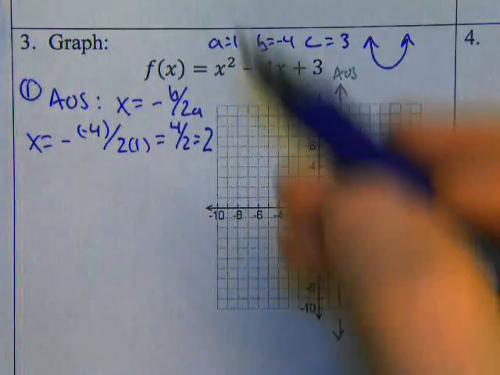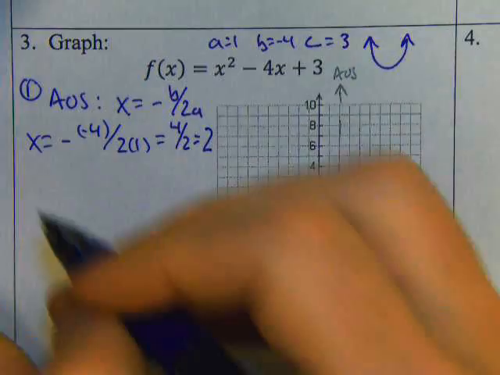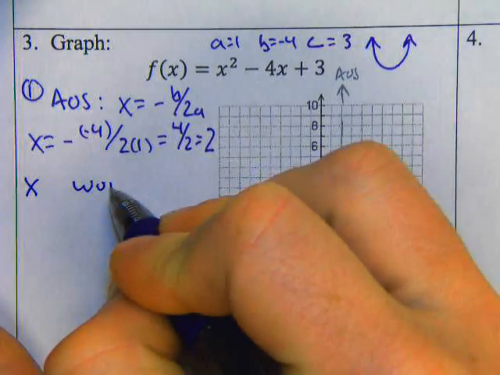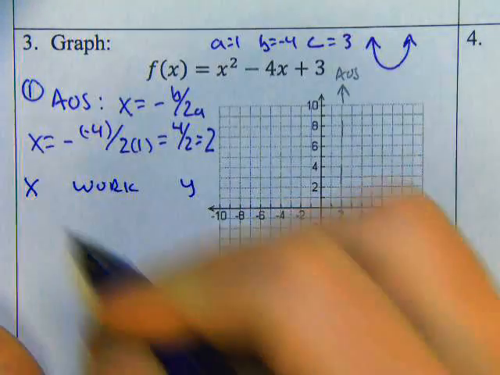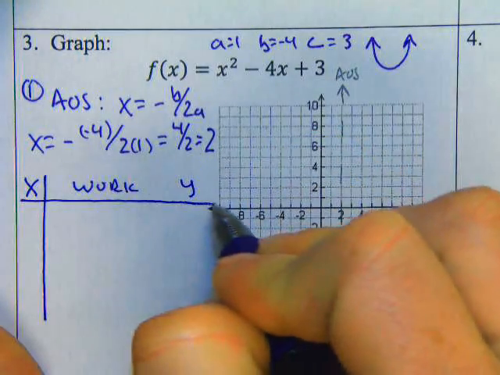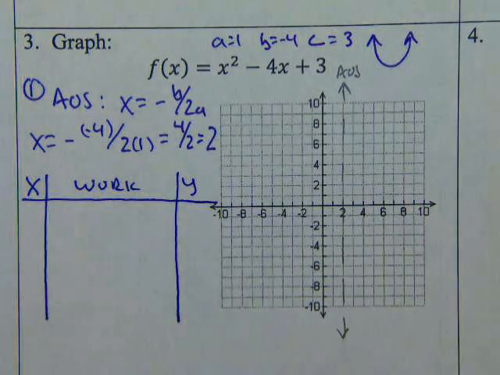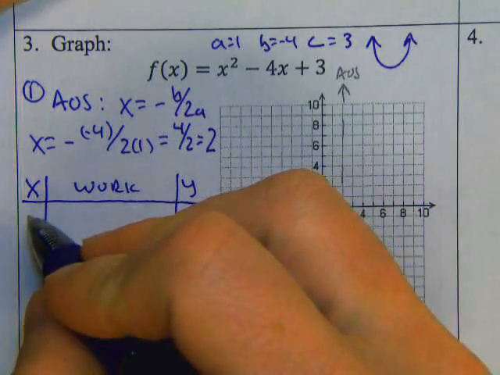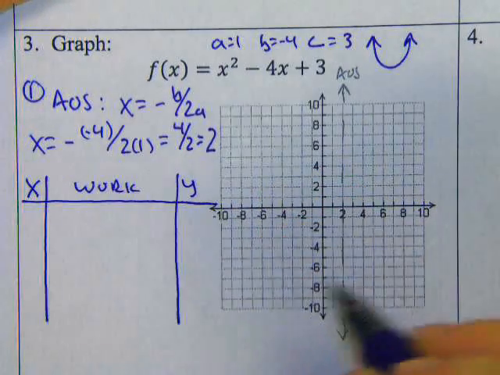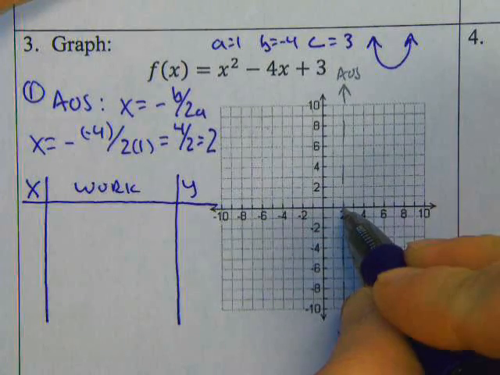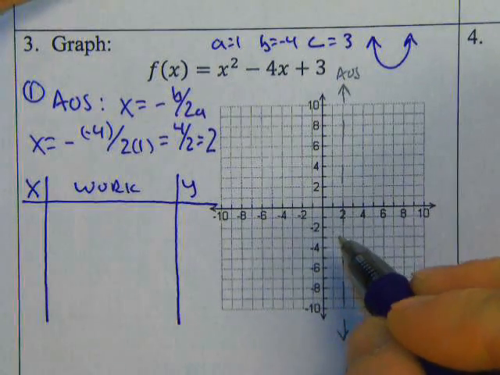So now it's just back on the grind. x, y. Okay, so, plug and chug, and because I know that the axis of symmetry is there, I'm going to go with 0, 1, and I'll eventually go to 2 and 3 just to check.